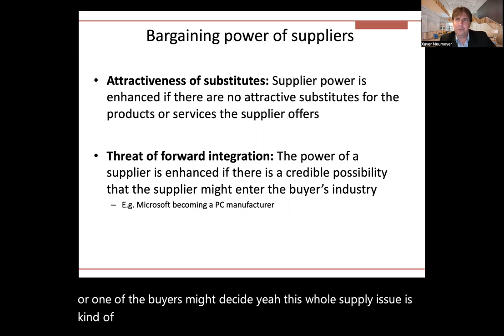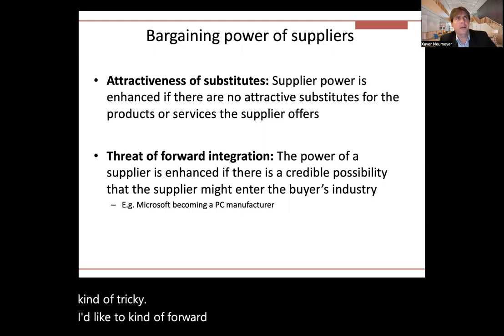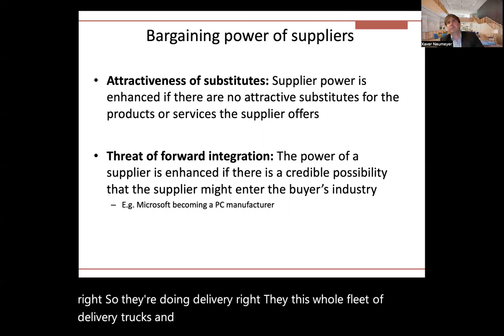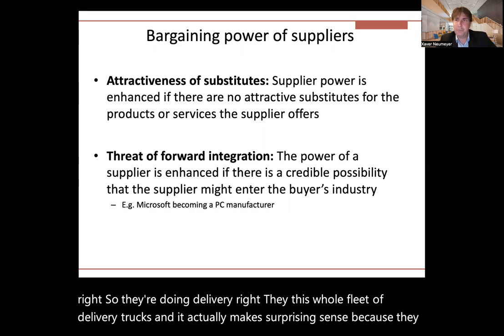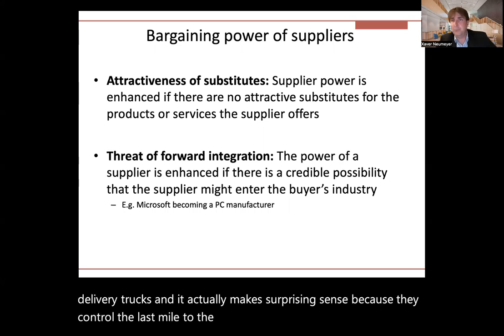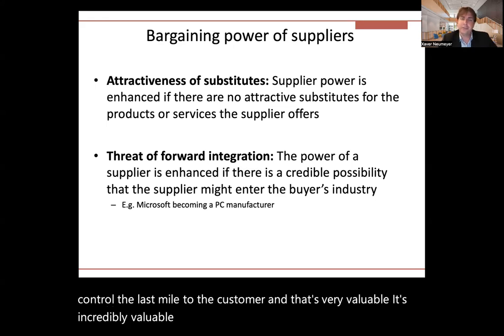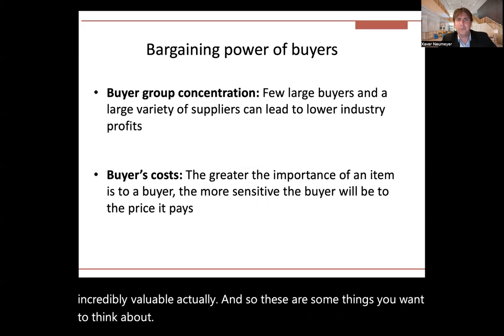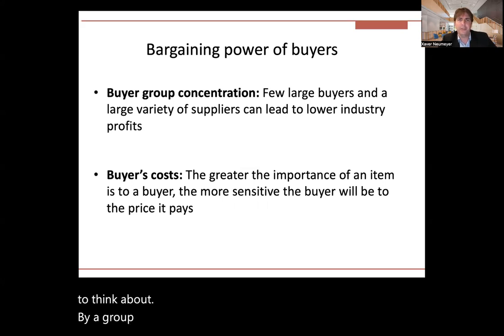I'd like to kind of forward integrate. A good example is Amazon, right? So they are doing delivery, right? They built this whole fleet of delivery trucks, and it actually makes surprising sense because they control the last mile to the customer, and that's very valuable. It's incredibly valuable, actually.